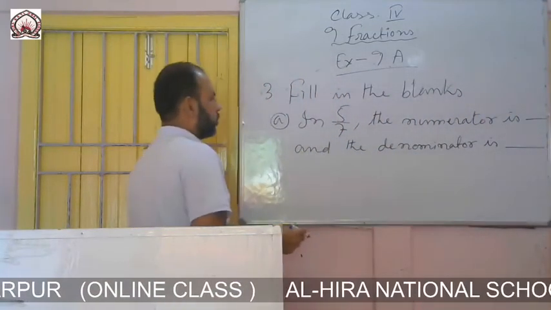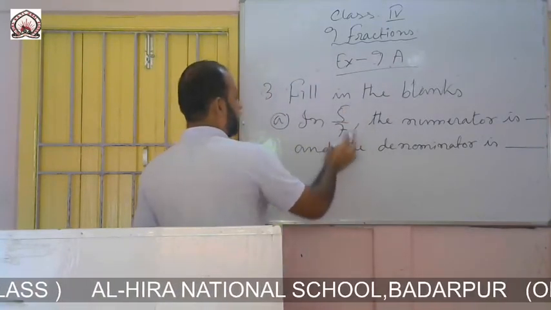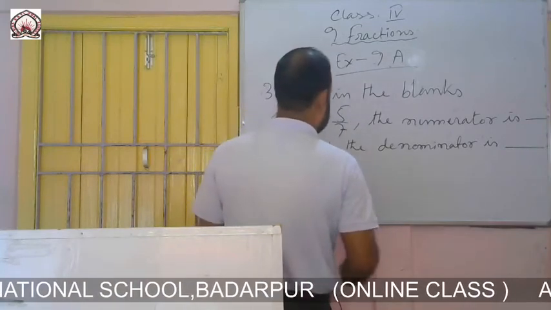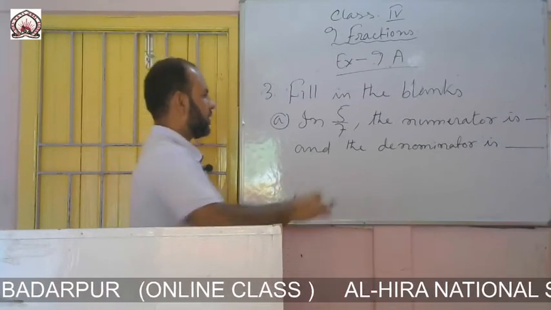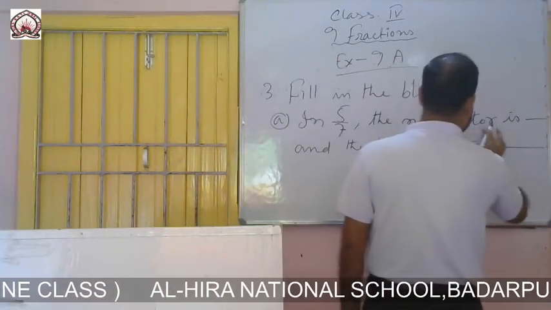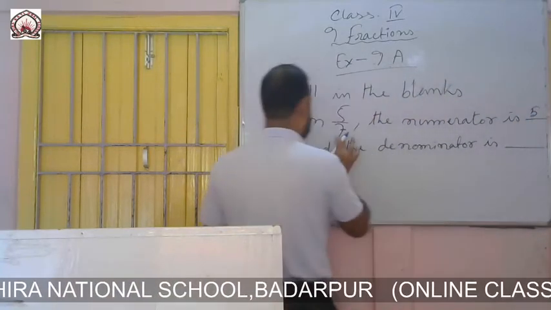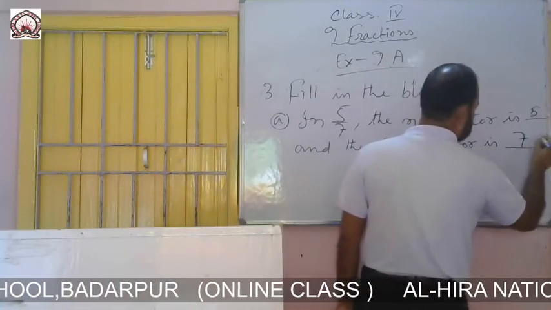So we know that in a fraction, the number on the top is called the numerator and the one at the bottom is called the denominator. On the top is 5, so the numerator is 5, and the bottom number is 7, so the denominator is 7.